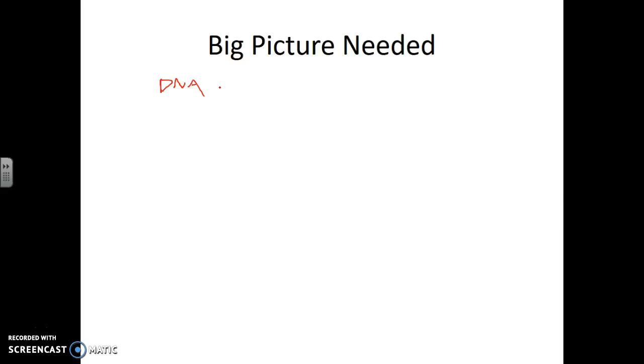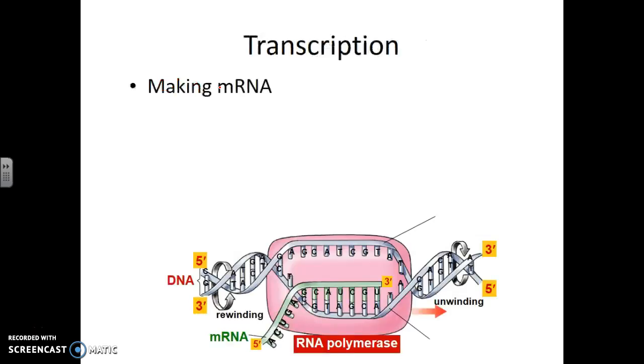We are going to look at how that's physically done. But remember the big picture: the nucleotides in DNA code for the amino acids that are going to be inserted into a protein that's going to do a job in the body. Now we're going to look at the nitty-gritty details of how that's done.